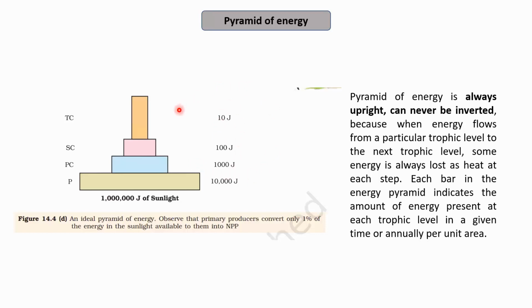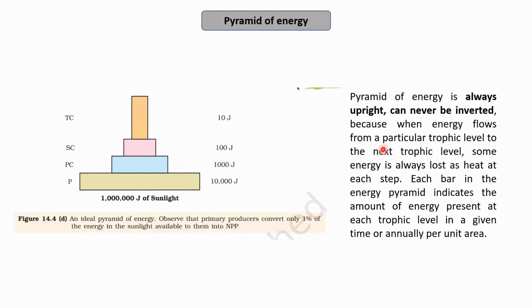So we understand that as we move from a lower trophic level towards a higher trophic level, the amount of energy will always decrease in accordance with the 10% law. Therefore, the pyramid of energy is always upright and can never be inverted.